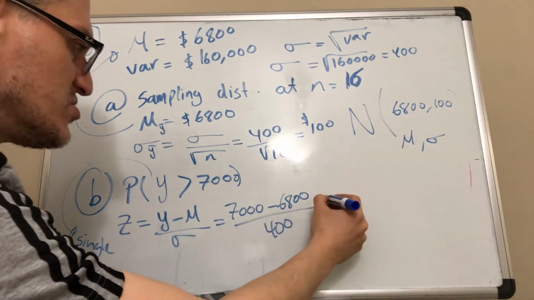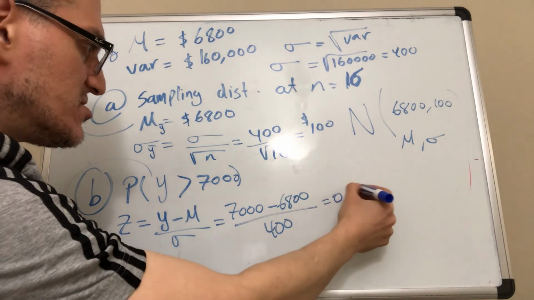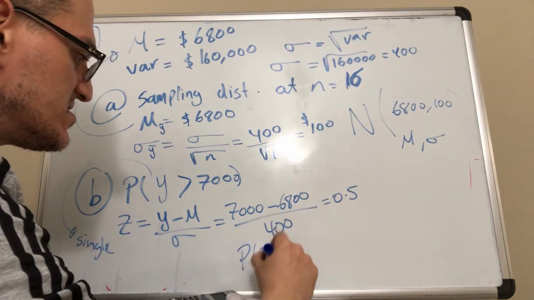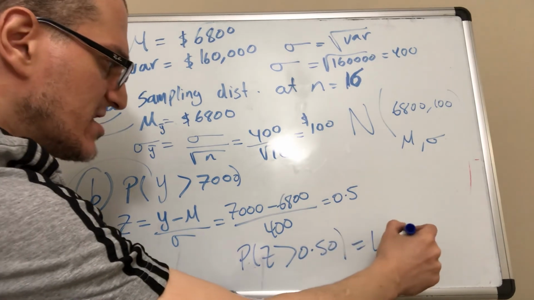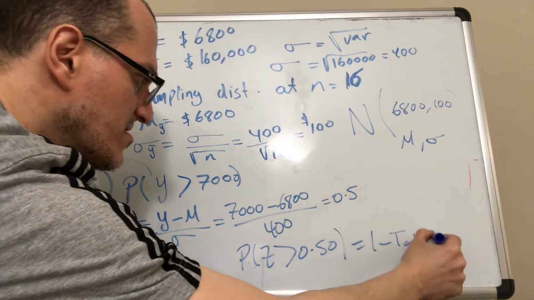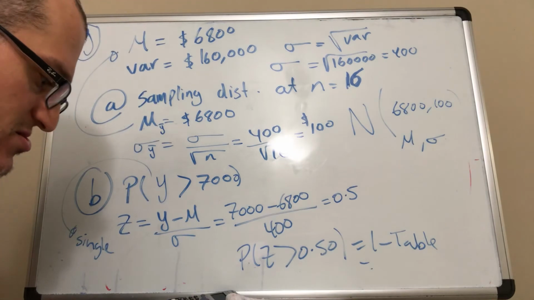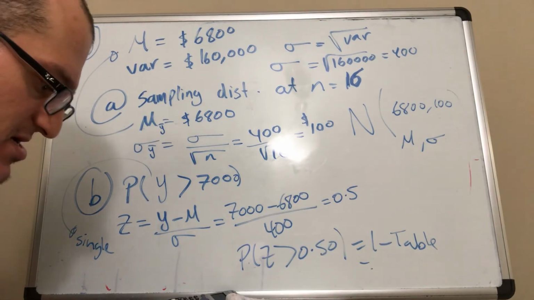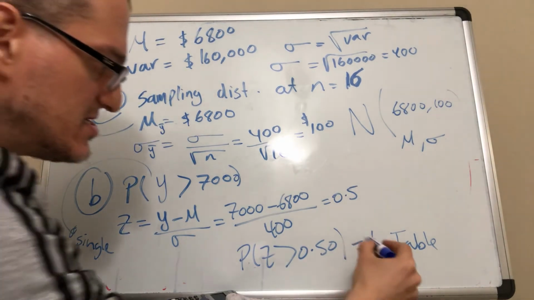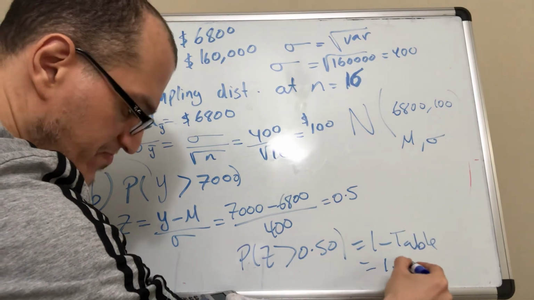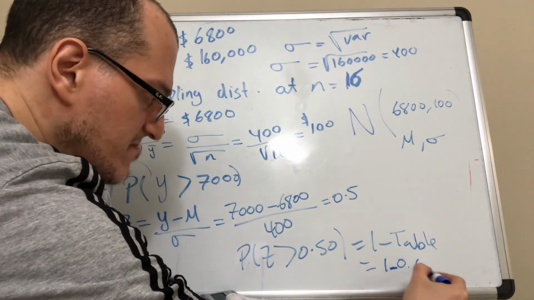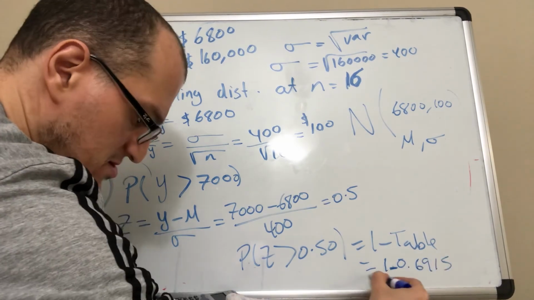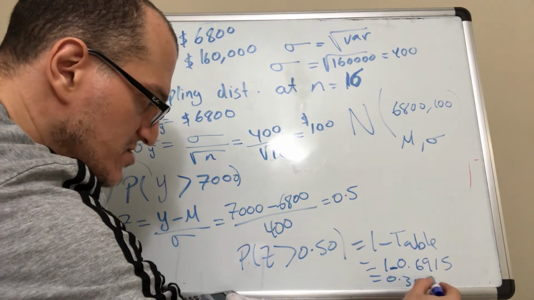So that would be 200 over 400, that would be 0.5. So in terms of Z more than 0.5, you're 1 minus table. So you go to your table, you see what's the percentage for a 0.5, you see it's 6915, so the answer would be about 30%.